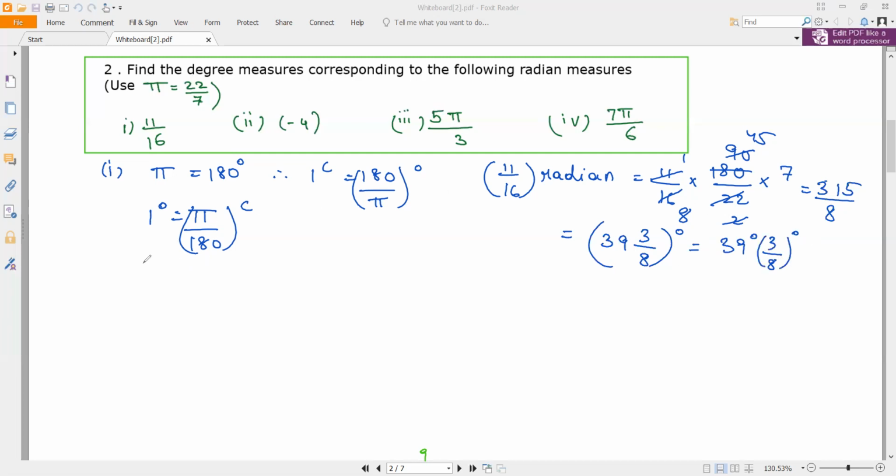We know that 1 degree is equal to 60 minutes. So this is 39 degrees, 3 into 60 upon 8.